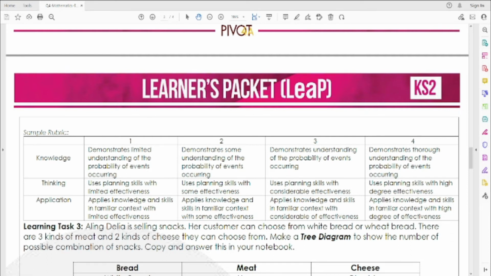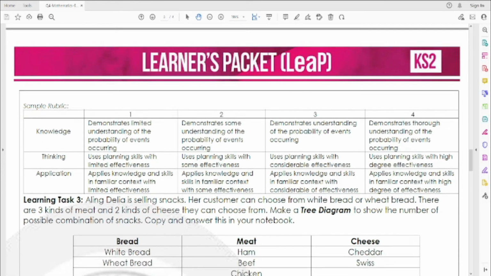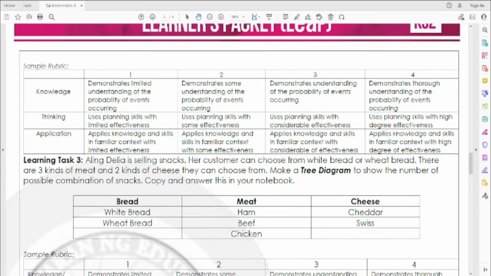Then if you want to get 4, demonstrate thorough understanding of the probability of events occurring. In thinking, you can get 4 if you use planning skills with a high degree of effectiveness. And for application, you can get 4 if you apply knowledge and skills in familiar contexts with a high degree of effectiveness.